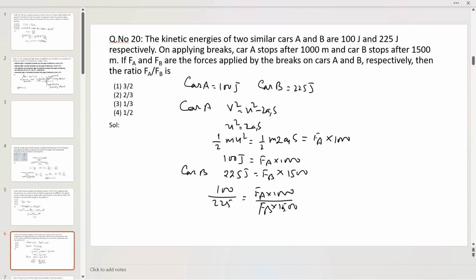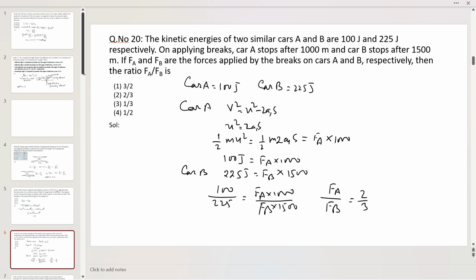So now if you solve this, you are going to get FA by FB, and that will be equal to 2 by 3. This is the result. So now going to the second question.